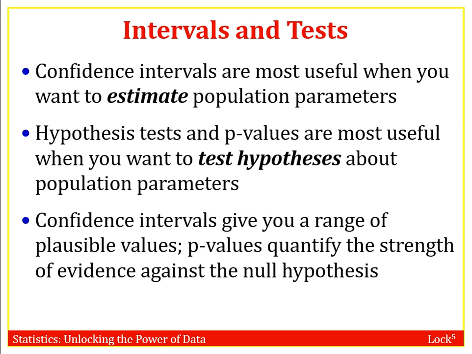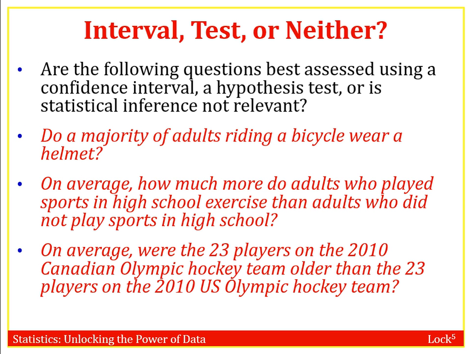So confidence intervals give you a range of plausible values, while your p-values, your test, gives you the strength against your null hypothesis. So for each one of these situations, do you think it would be best to do a confidence interval, a hypothesis test, or it doesn't make a difference because it's not statistically relevant to what we're looking at?